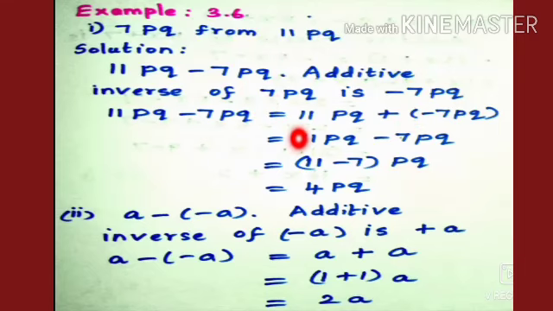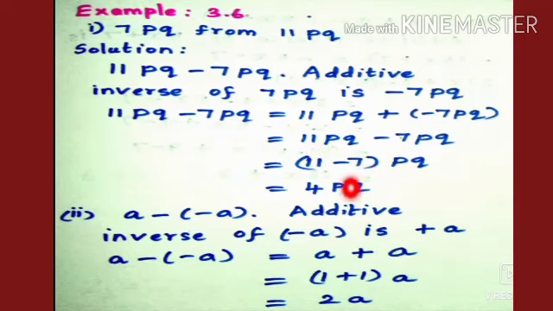So now here 11pq, when we subtract, we need to add. So minus changes to plus sign, the additive inverse of the second term, which is minus 7pq. So in the next line, it changes to 11pq minus 7pq.